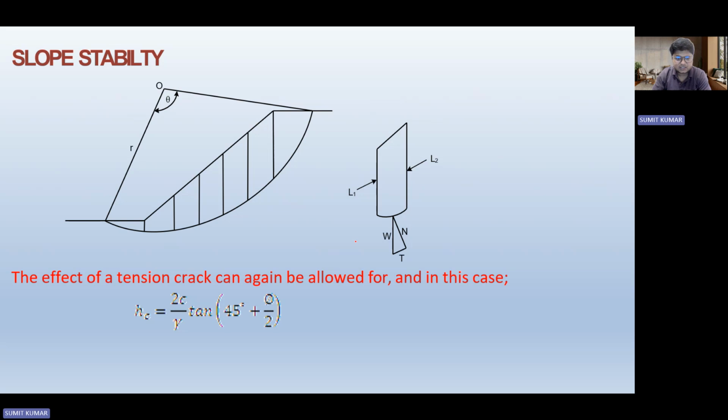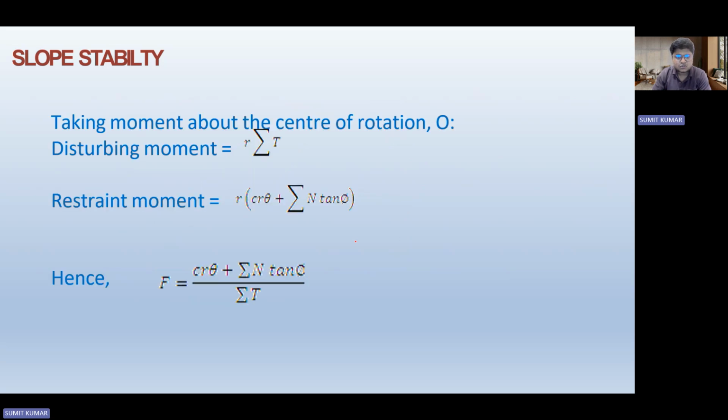Over here, the effect of tension crack can be taken and it could be given like this. Now you see that by taking moment about the center of rotation O, the T could be found at R, the summation of T. Similarly, the resistance force also contains the normal component, in which the cohesion is written as C into R into theta plus summation of N tan phi, by summation of T, where summation of N is the summation of normal components of forces, while summation of T is the summation of tangential components of forces.